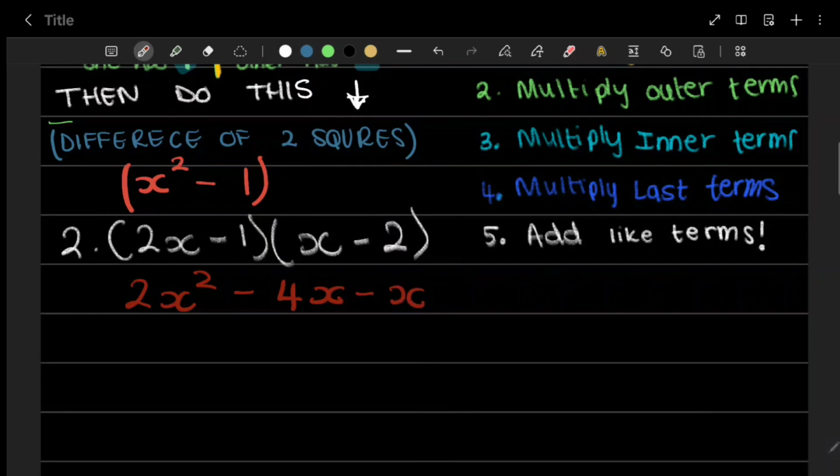The last terms, remember, a negative sign multiplied by a negative sign will give us a positive answer. So that's plus 2. Now, step 5, add your like terms or find your like terms. Therefore, we will get 2x squared, minus 4 minus 1 will give us minus 5x, plus 2.